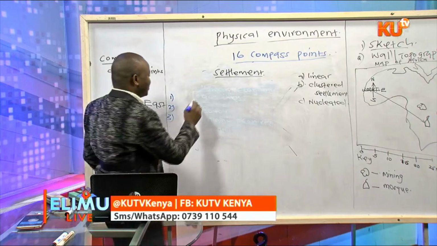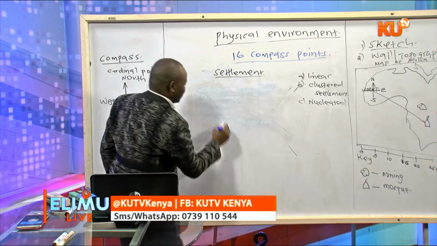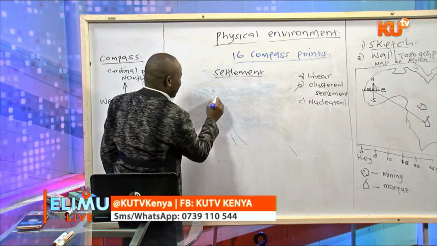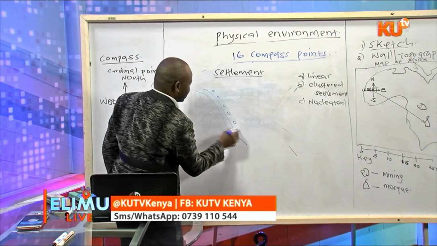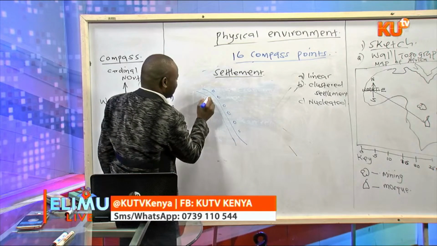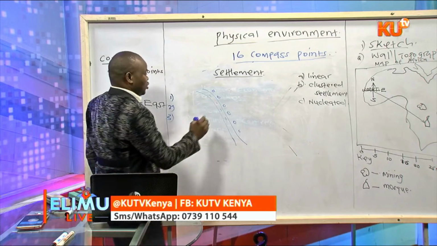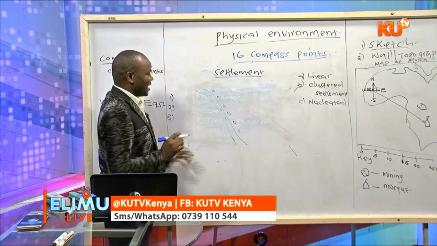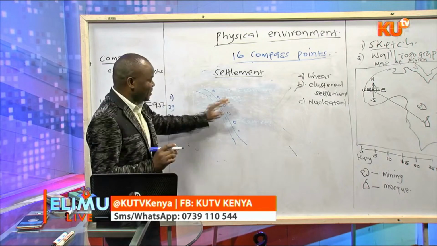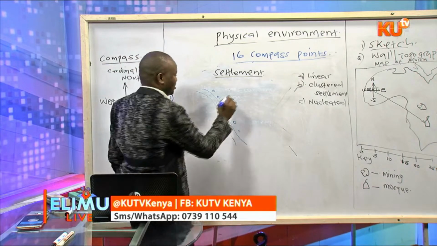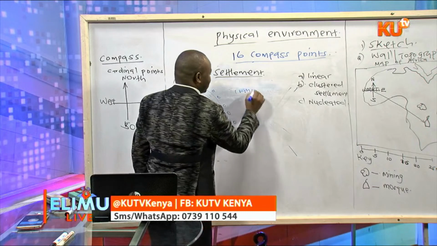When you find people living along this place, let us say that this is the road. This is the symbol of the road. And then, what is the main factor that affects the people along this path? Of course, it is transport.